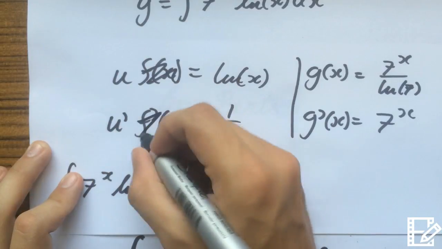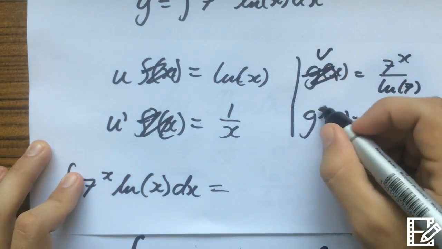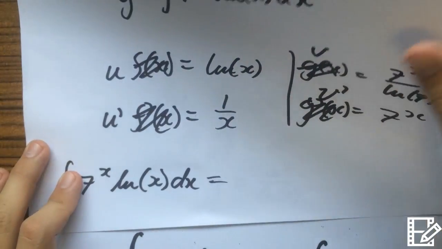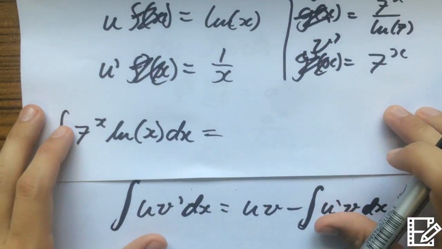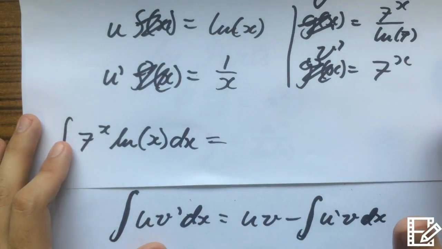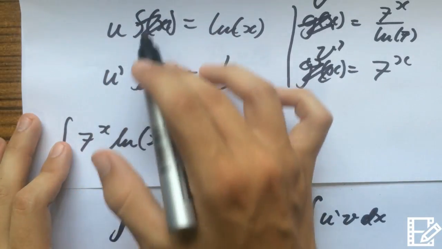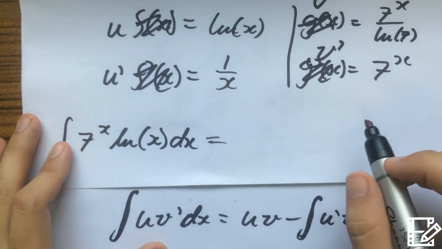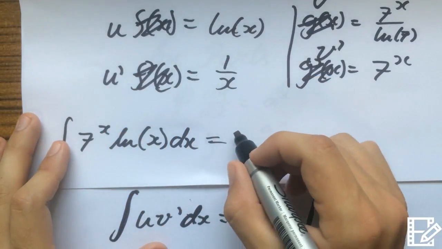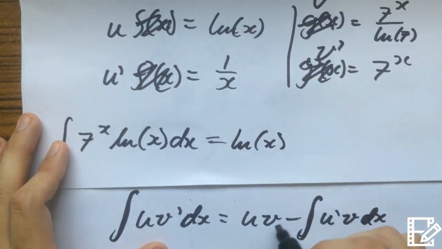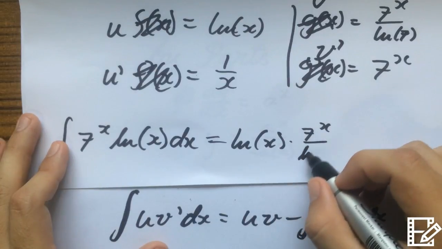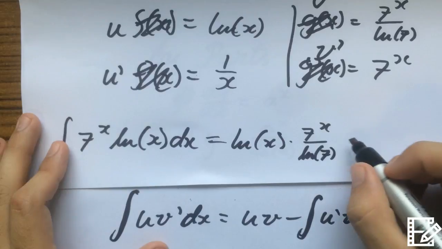U dash, v, and v dash. I just did a video on Lagrange's notation, so I use Lagrange's instead of Leibniz's. But the same thing applies. They're still the same. U dash, v dash. Don't panic. We're saying u is ln of x.